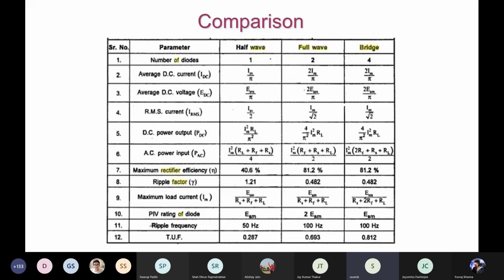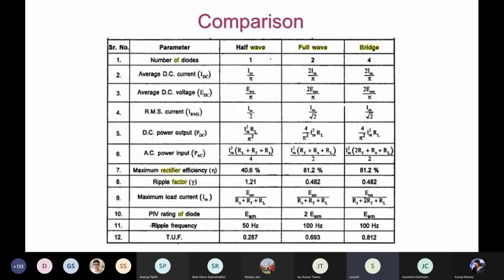But the VA rating will definitely change because you have the center tap in the middle circuit. Probably we can circulate a handout where you can check the TUF calculation for these three circuits, because it will be difficult to derive the entire thing right now.